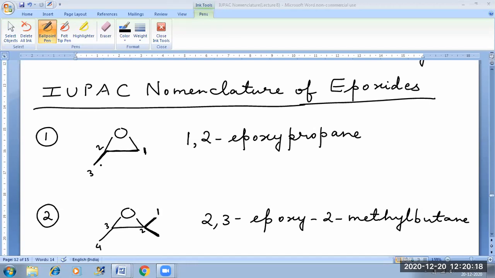Second example. Again, this is an epoxide. Four carbon atoms are present in the longest chain.